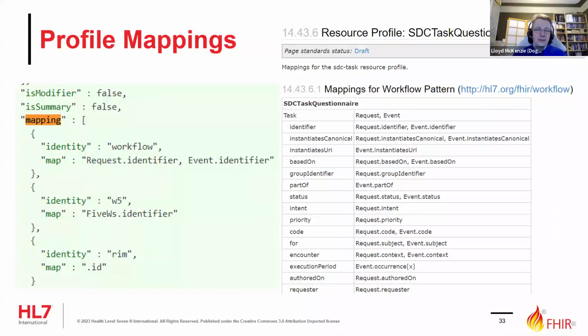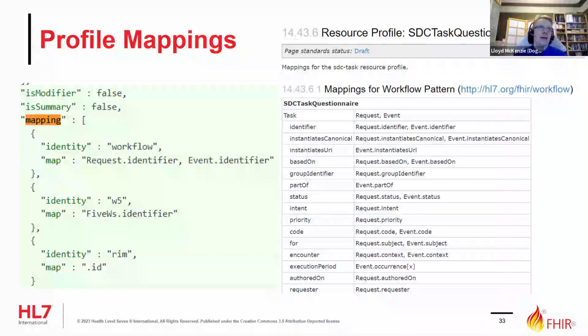So you can actually be looking at a profile that says, here's the different data elements that we expect you to populate, and click on another tab and see, oh, and here's how this maps to HL7 version 2 or to CDA or to our internal database, because you've got a profile that is specific to your organization.